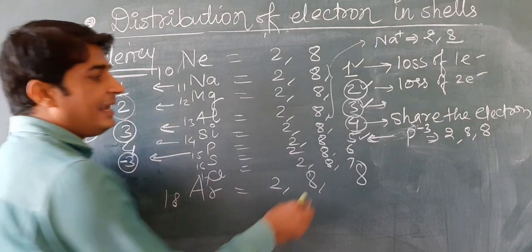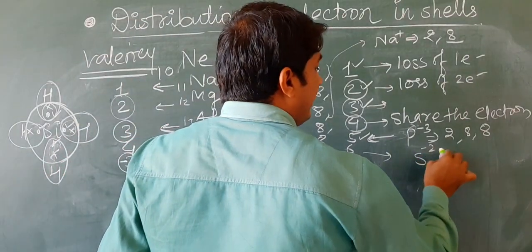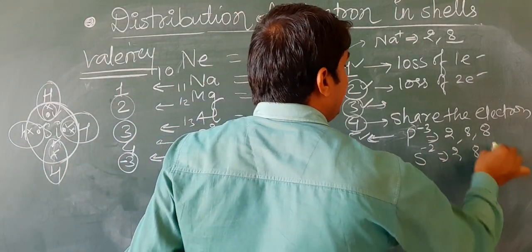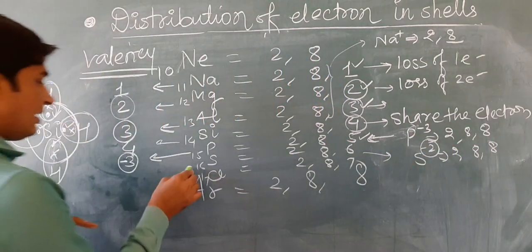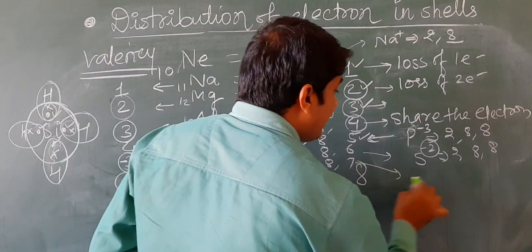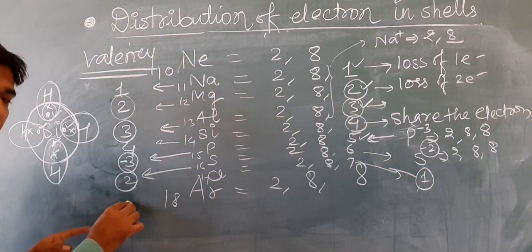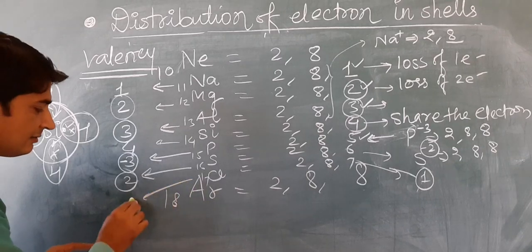In the same way, sulfur gains 2 electrons to complete its octet. So the combining capacity of sulfur is 2. Chlorine gains 1 electron to complete its octet, so combining capacity is 1.